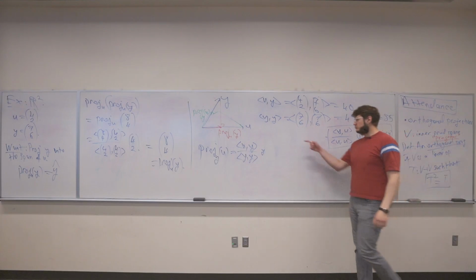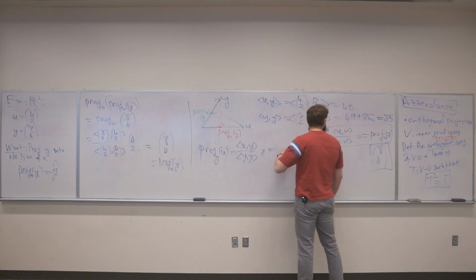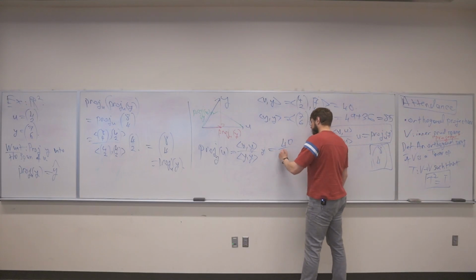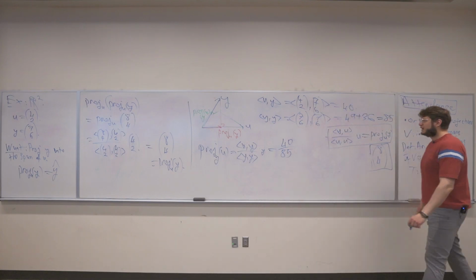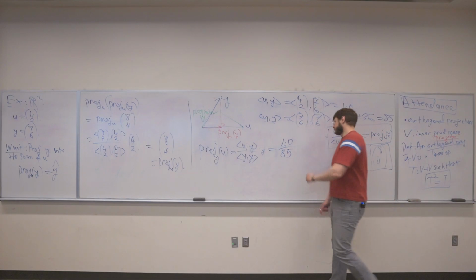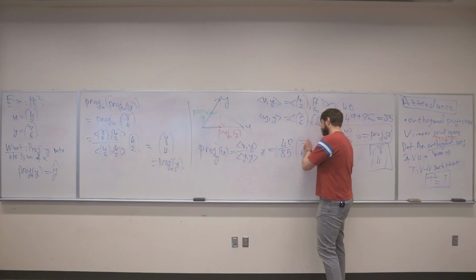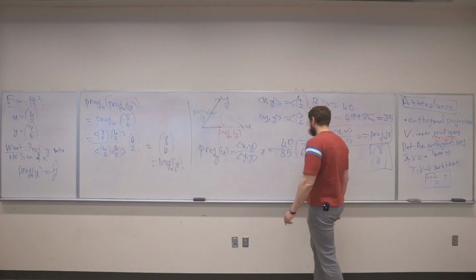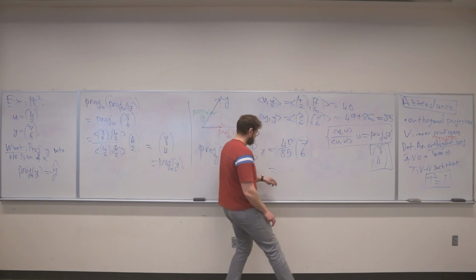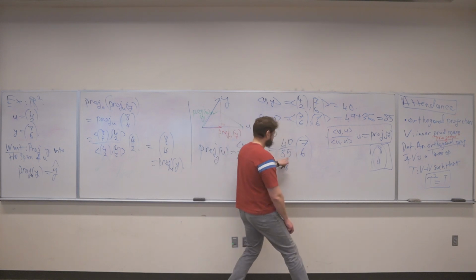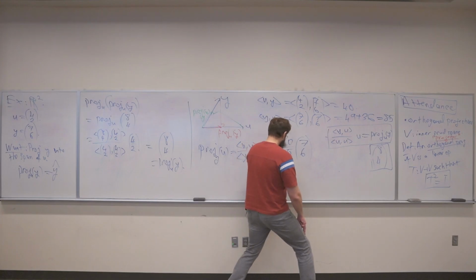Okay, so plug in the numbers. 40 divided by 85 times (7, 6). If you want, you can factorize a little bit. Divide by 5 gives you 8. Divide by 5 gives you 17, I think.